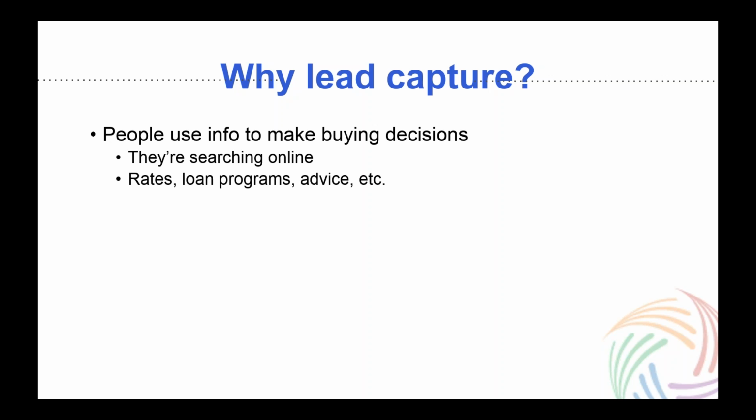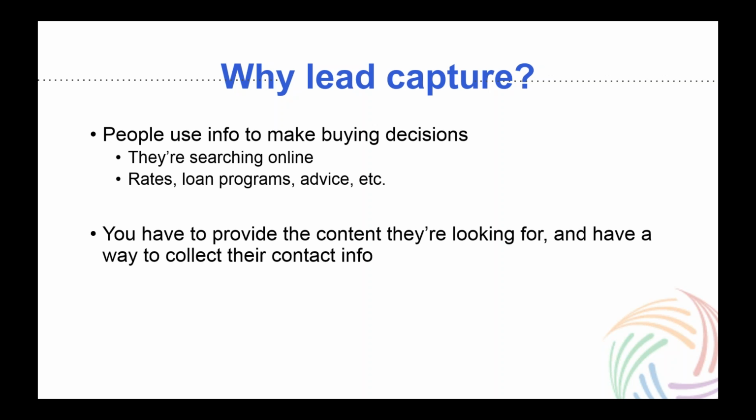They're searching online, especially the younger generation that has grown up Googling everything, right? If we have a question about something, we need to find some information about something, what is the first thing we do? We Google it.